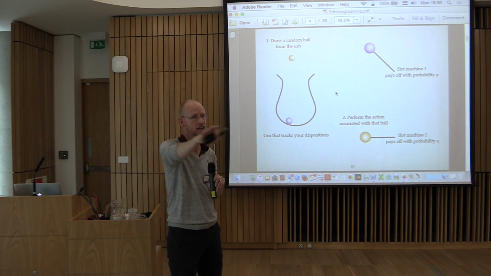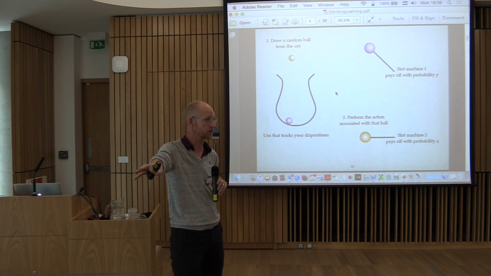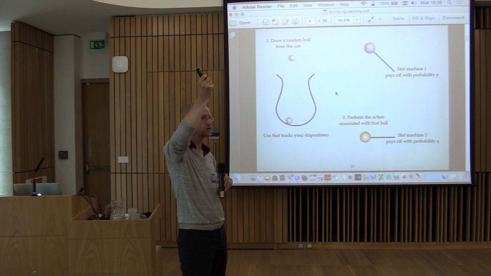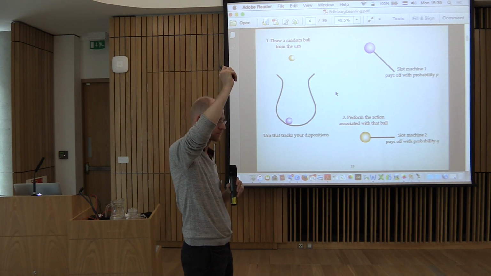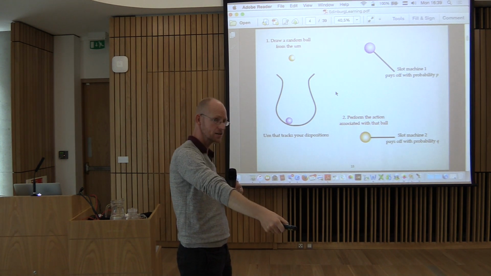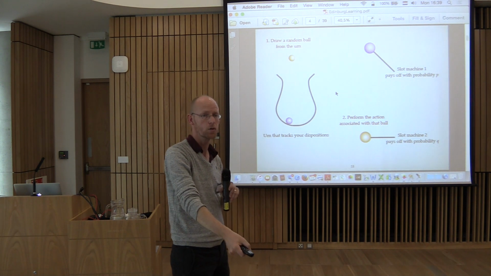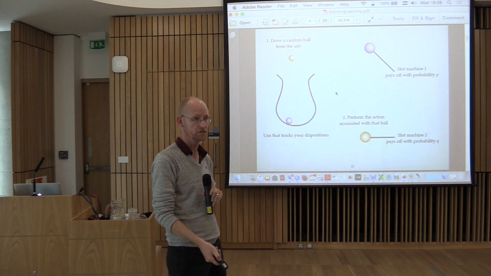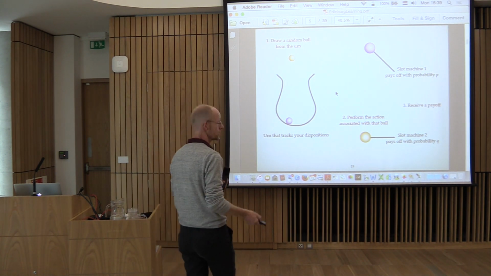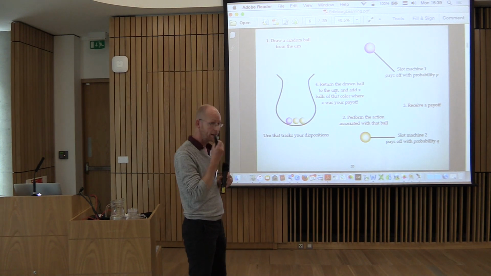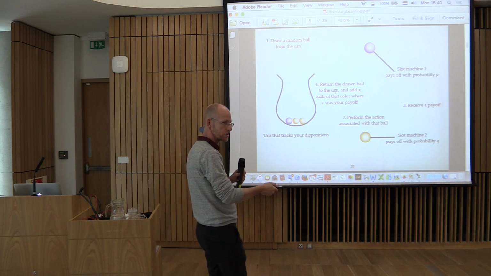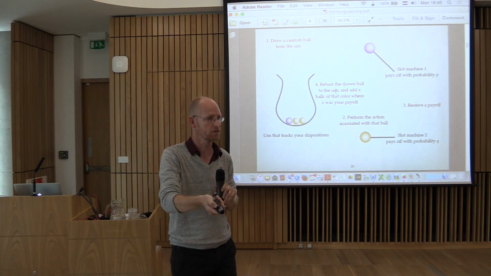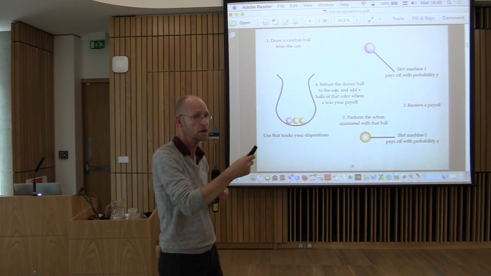This is not game theory, this is just learning in an environment. You pick one ball out of it, so with a probability you choose that action, you play that action, and then you get a reward. The reward might be positive, it might be negative. You receive a payoff. And if the payoff is positive, you add more balls of the same color to your urn, depending on the payoff.